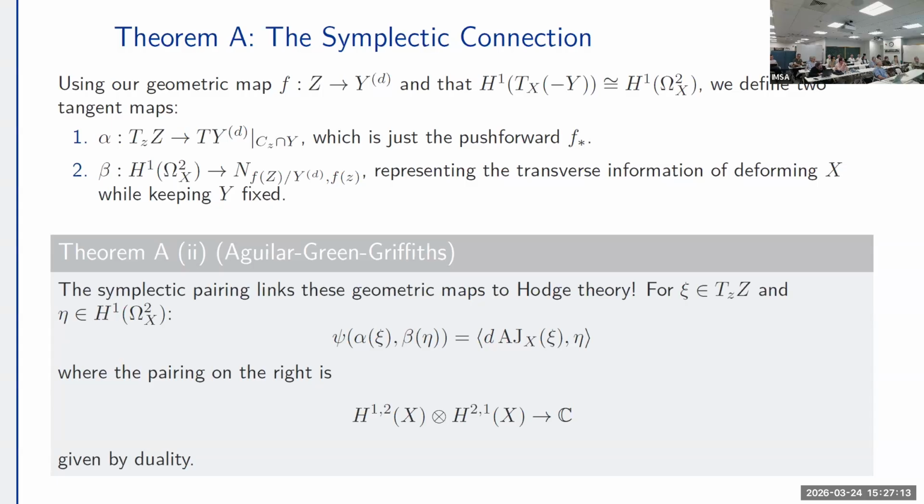Now I have to take one element here, I have to take the other element here, and I will map it. One pairing is this one, just using the duality, and the other pairing is using the symplectic pairing that I have. And the result here is that these two coincide.